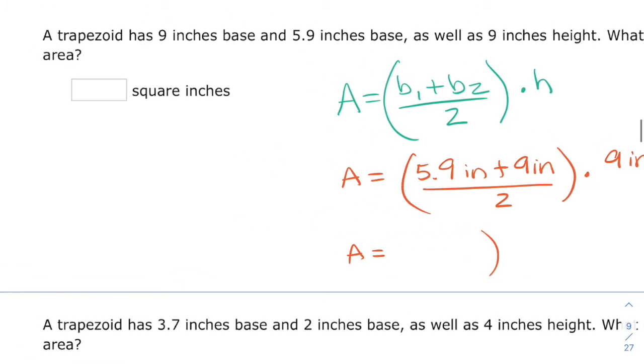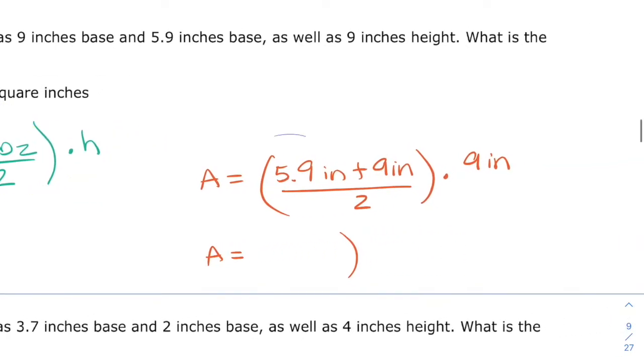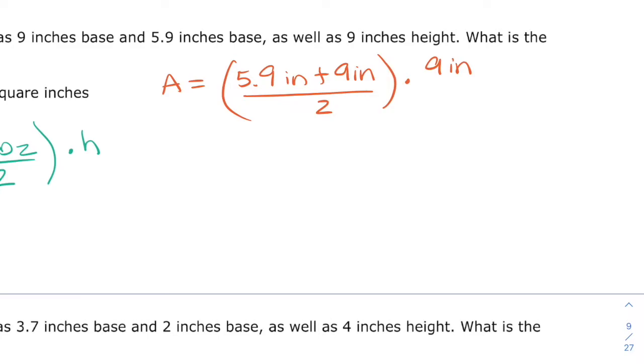Okay, I'm running out of room, so I'm going to move this over. So area equals 14.9 inches over 2 times 9 inches.